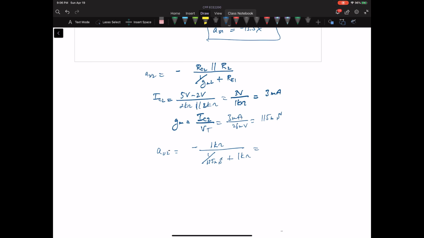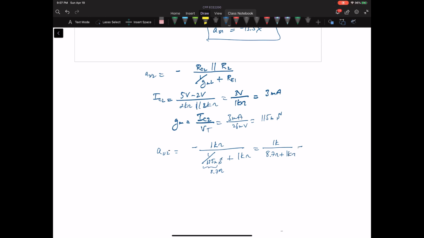So let me double check my numbers. If we got 115 millisiemens, that's like 8.7 ohms. So 1 k ohm over 8.7 ohms plus 1 k ohm.